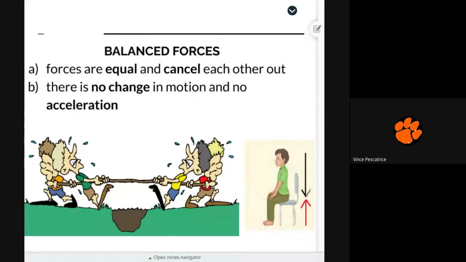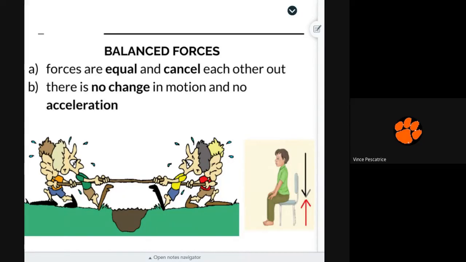There's no change in motion and no acceleration. Acceleration is a change in speed. If you are going from sitting to walking, you're changing speed from nothing to motion. That's acceleration. This is actually how your computer is sitting on your lap or a desk right now, or how you're sitting on a bed or chair, because you're not floating away into space.